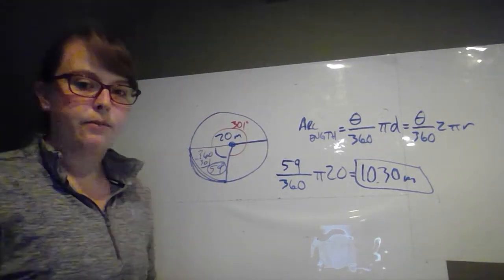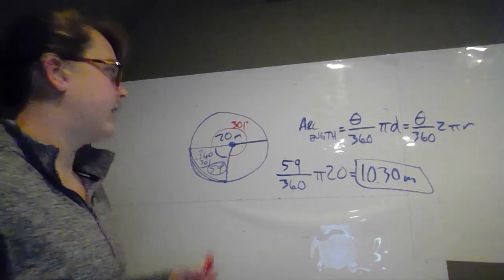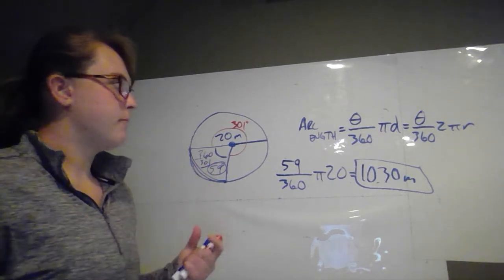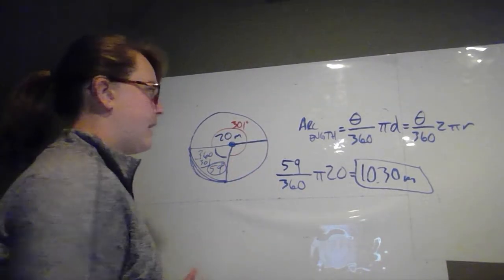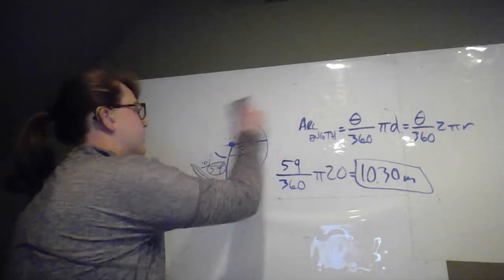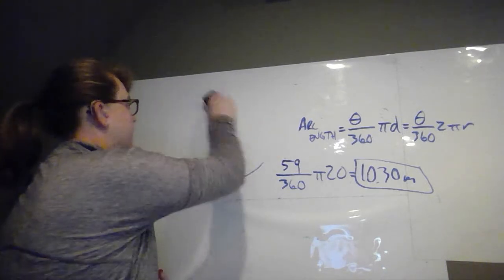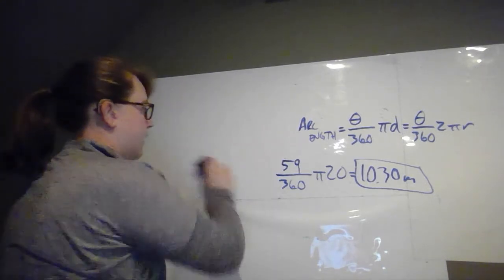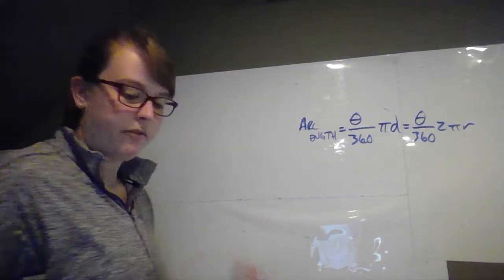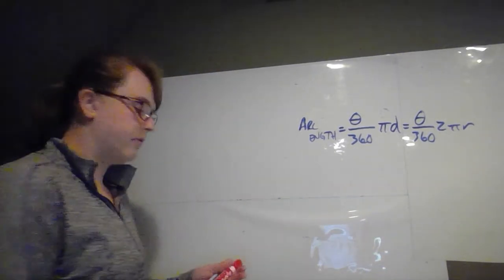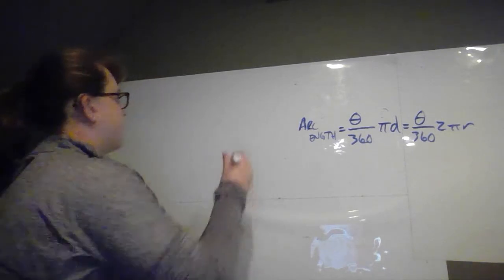The last kind of thing that we could end up seeing is if we are given the arc length and some other information and we want to find either a radius, a diameter, or the angle of the arc. Just like when we were doing area, circumference, and all of that, we want to go both directions. We want to be able to find area and circumference and also use those to find radius and diameter and things like that.